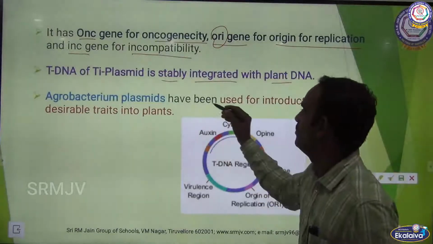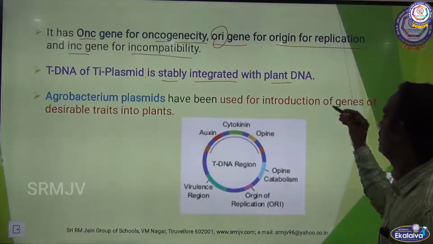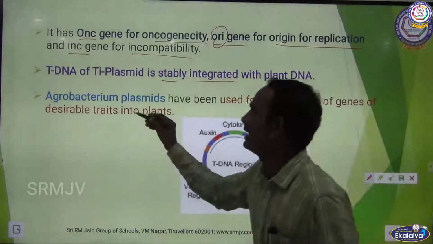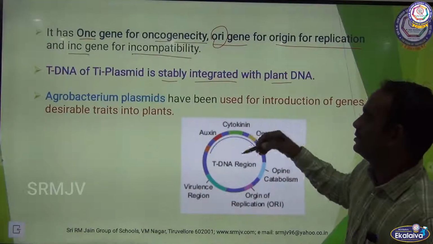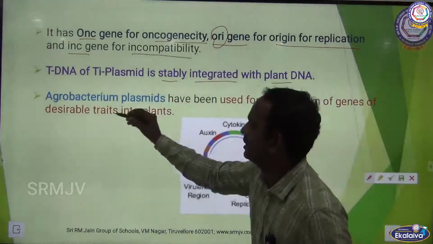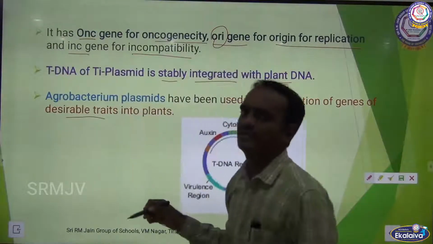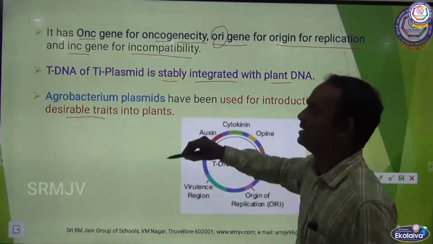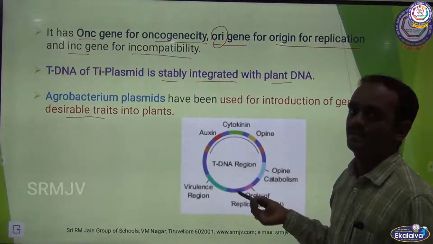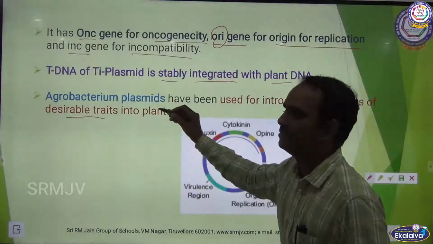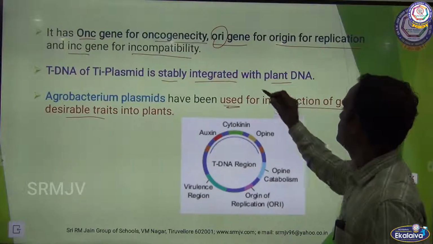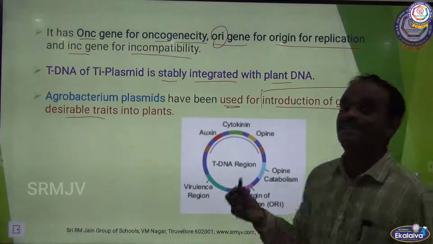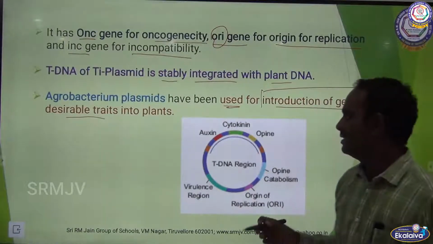Agrobacterium plasmids have been used for the introduction of genes of desirable characters into plants. Suppose we add some important or desirable character to this plasmid, and it is inserted into the plant. See the picture here.